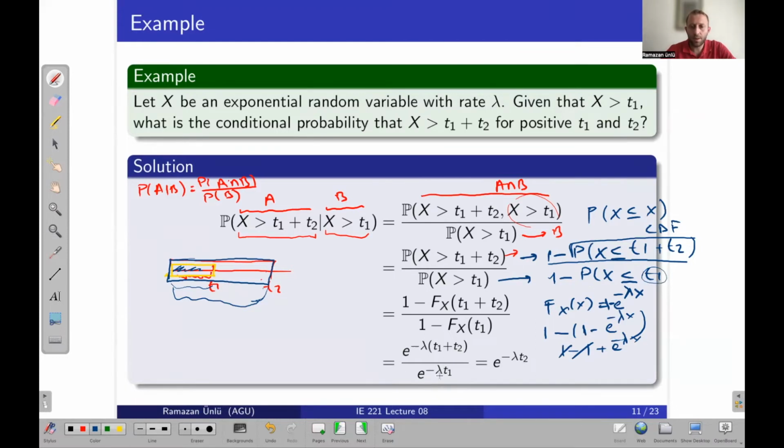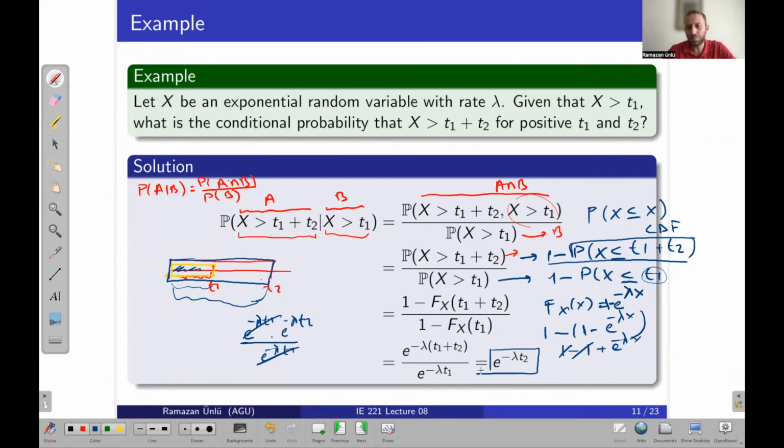Let me write it all clearly: e to the minus lambda T1 times e to the minus lambda T2, divided by e to the minus lambda T1. These two cancel each other, and I will end up with e to the minus lambda T2.